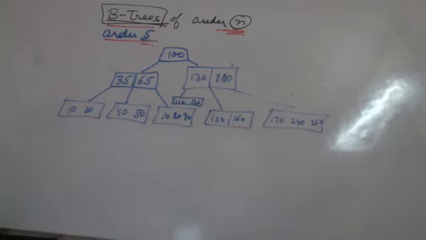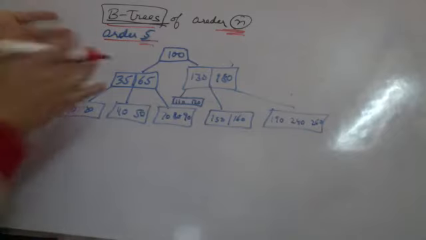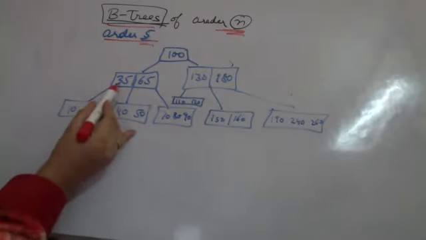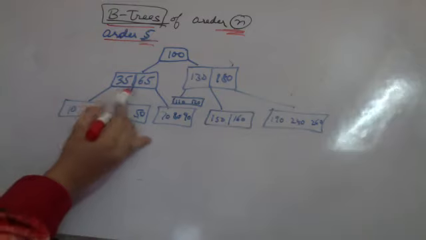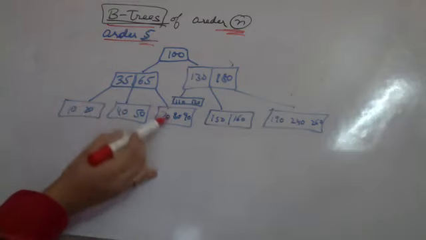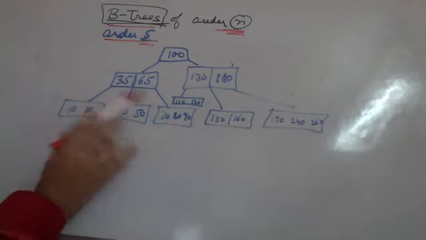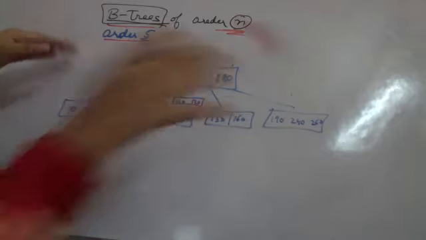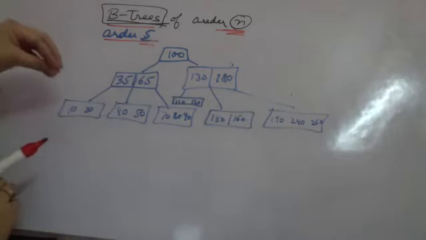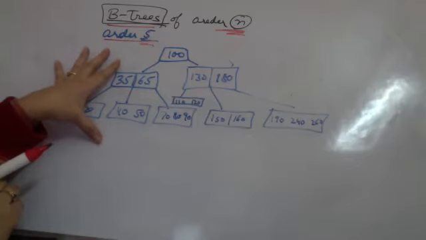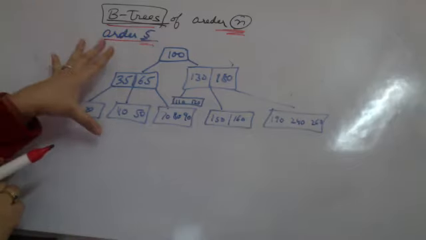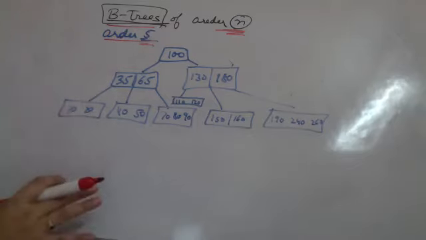So let us see the conditions over here. All of you can see it is dividing. Now I am saying 35 is small, in between 35 to 65, and greater than 65. Now it's an order 5, 5 children are allowed. So when I am doing the insert, this is an M-way tree, this is an order 5 tree, and this is a B tree also because it is holding all the properties.